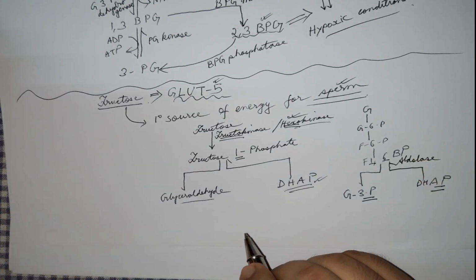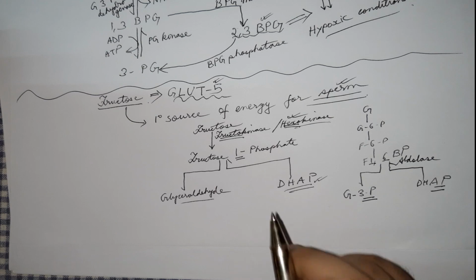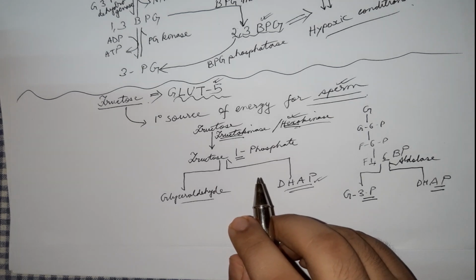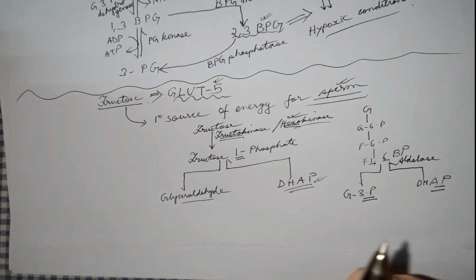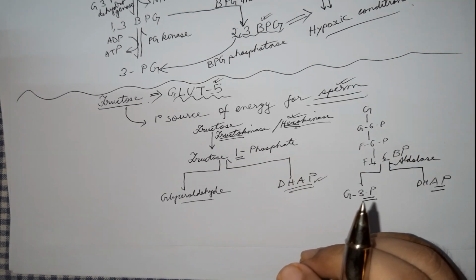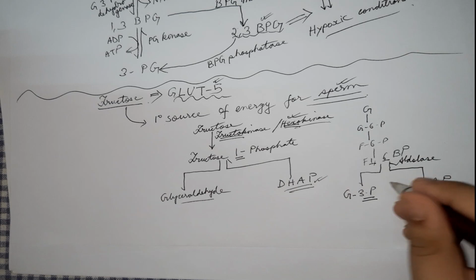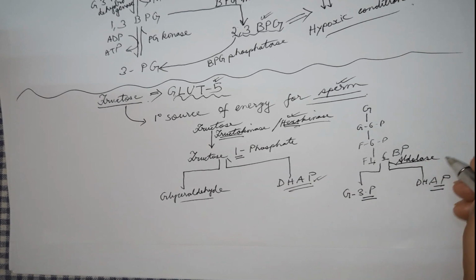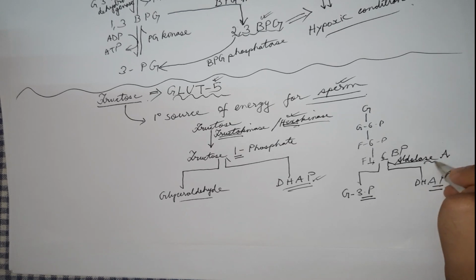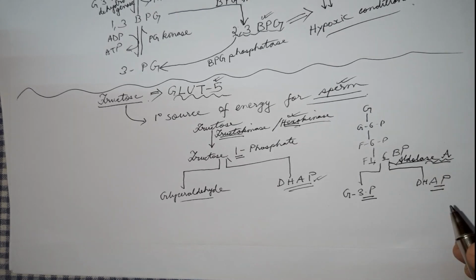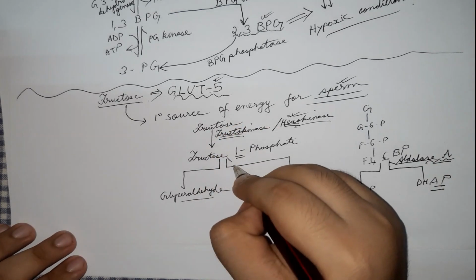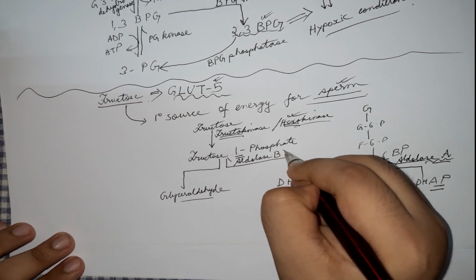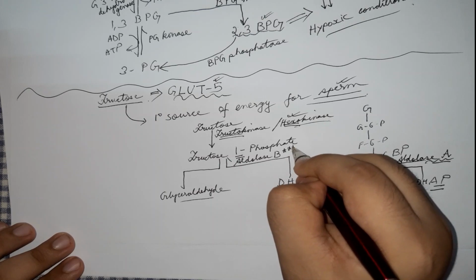But do you remember I had said that aldolase has some isoenzymatic forms, out of which A and B are the most common, right? The isoenzymatic form of aldolase in glucose metabolism is aldolase A. Whereas in this case it is aldolase B. Very, very important information.